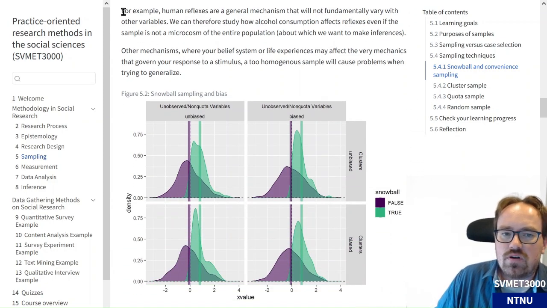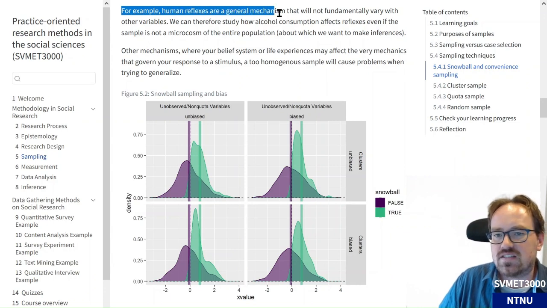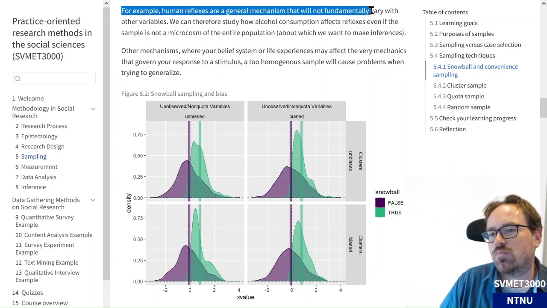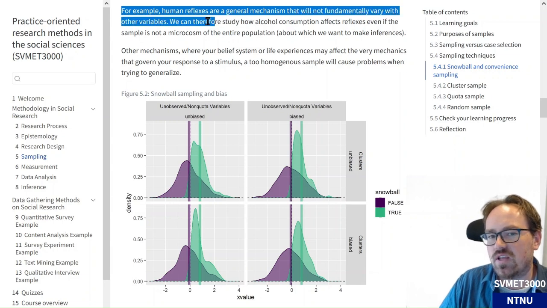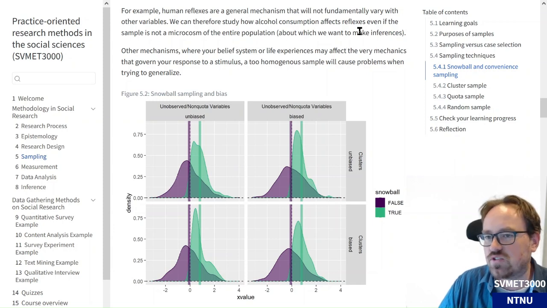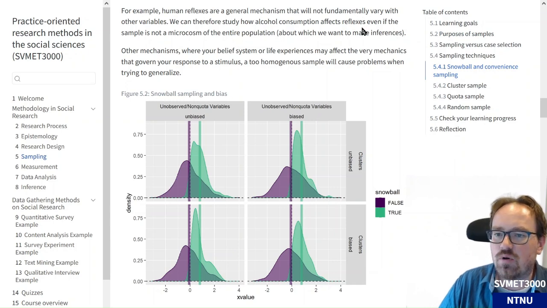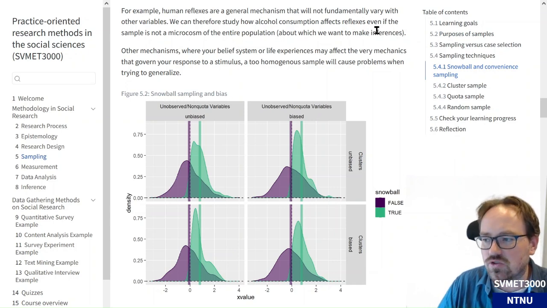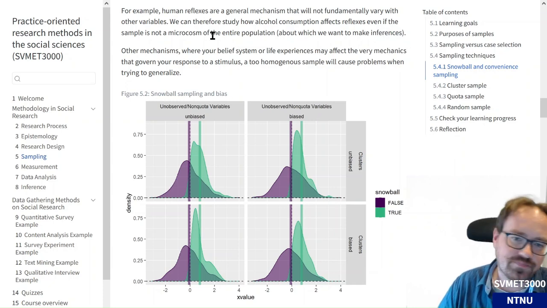To be even more specific, for human reflexes as a general mechanism that will probably not systematically vary with other variables, we can very well look at how alcohol consumption affects reflexes, even if the sample isn't a microcosm of the entire population. We can, to some degree, assume that all people react more or less similarly because it's a biological thing.